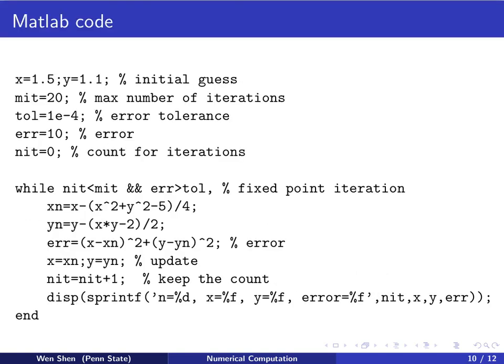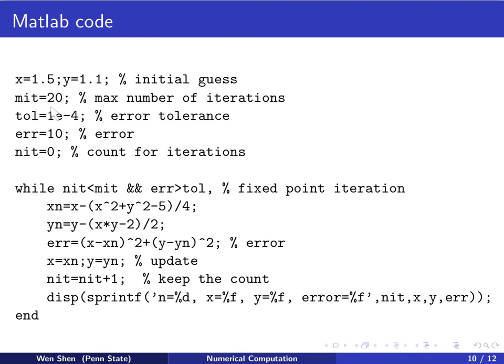Here is a Matlab code. This is a Matlab code specially designed for this problem. It's not a general code for solving systems. Okay, let's take a look. So here are just some initializations. I choose initial guess x 1.5, y is 1.1, not far from the fixed point.